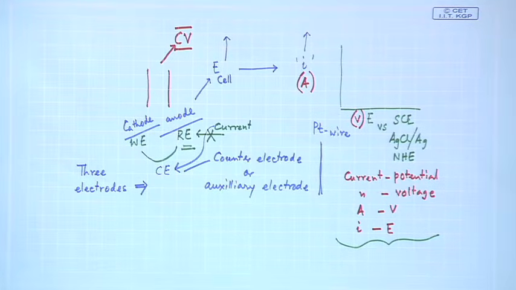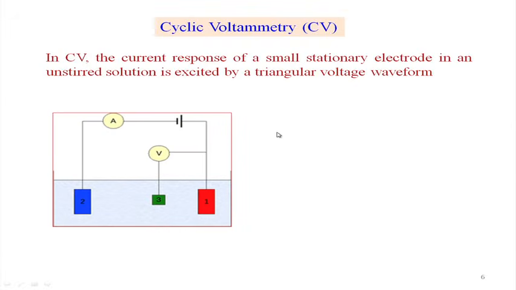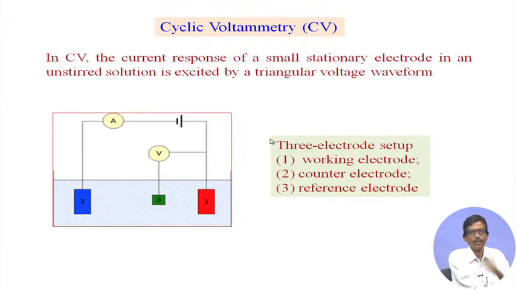So, what we get therefore is 3 electrodes and 2 measurements. It is typically a 3 electrode setup, where number 1 is your working electrode. The working electrode is directly attached to your source, but also gives rise to the connection for your measurement of potential.